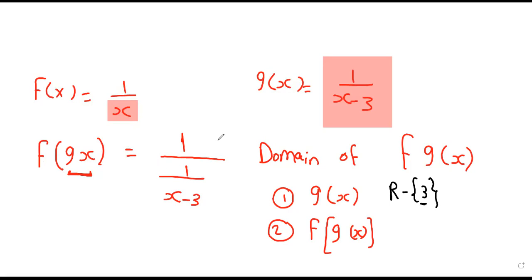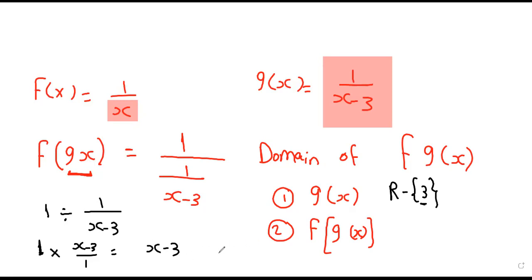So multiply by x minus 3 up and down, or we can just write it as 1 divided by 1 over x minus 3, and keep, change, flip from divide to times, and write x minus 3 over 1. So it will be x minus 3.